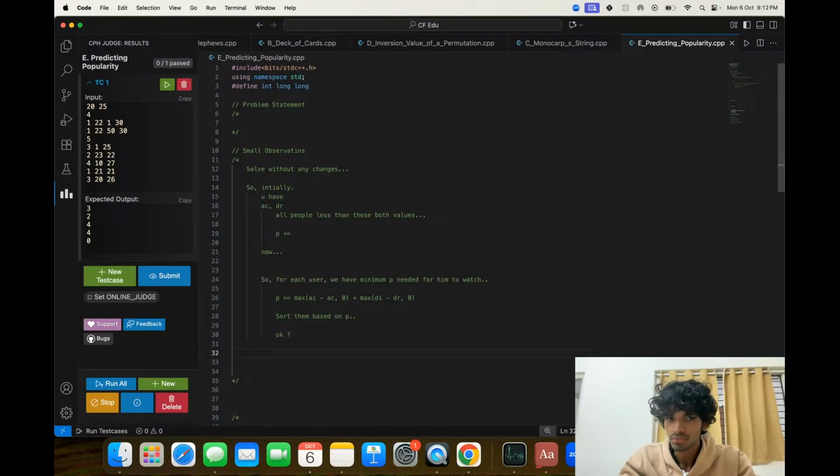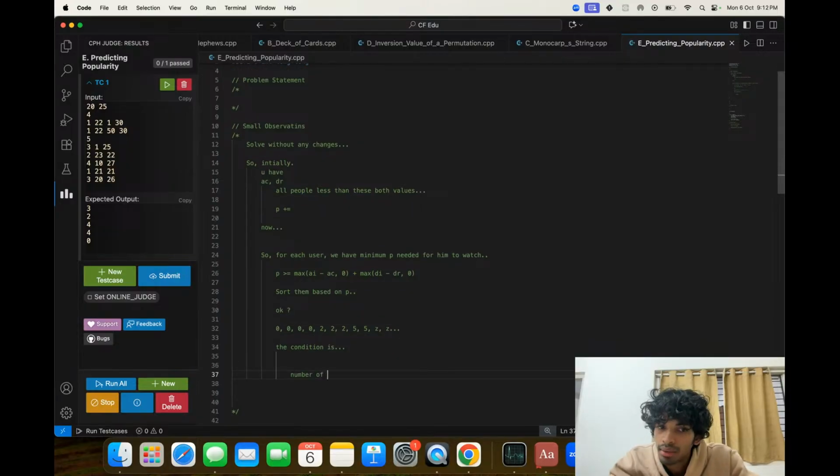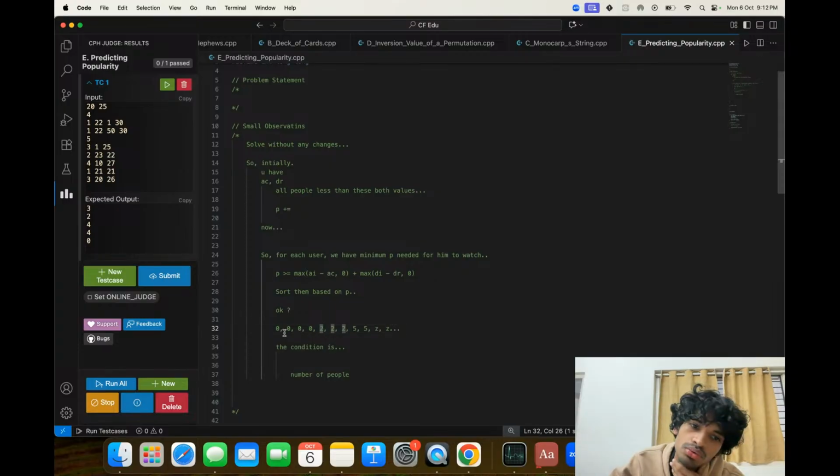sort them based on P. Okay, all P0 people will be there, and then we have some 2 people, and then you have some 5 people. The condition is, let's say it's failing at Z. Okay, it's failing at Z. So what does it mean? Number of people. So 2 appeared greater than 2 the first time, means less than 2 there are these many things.